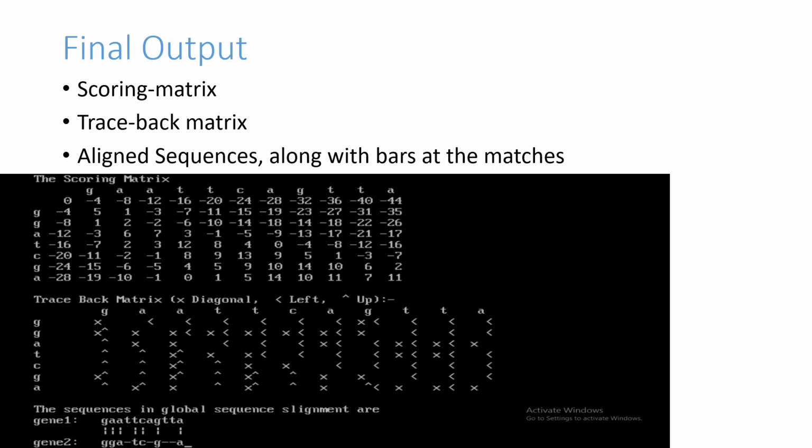You can see a scoring matrix showing all the scores in each of the cells, and the traceback matrix showing the directions in each of the cells, and the sequences are aligned with bars at which there is a match and where gaps are not introduced.